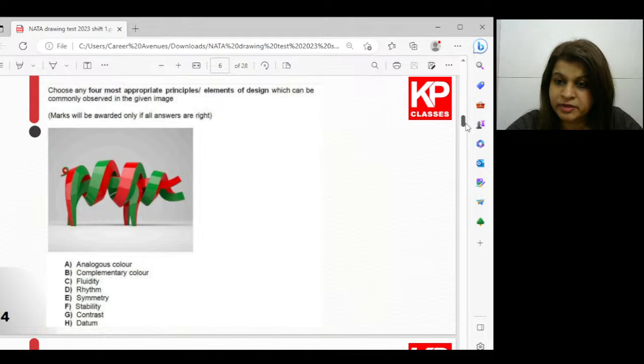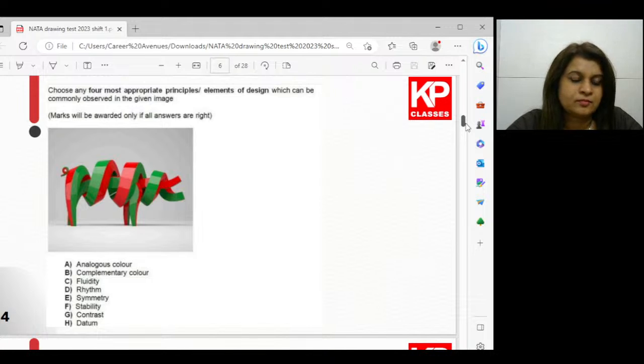Okay, it looks like a 3D form. And also try and find out what it resonates, what is the meaning of this particular image. If you try and find it out, I'm sure you'll get a lot more answers to these questions. So right now we are looking at the appropriate principles or elements of design.